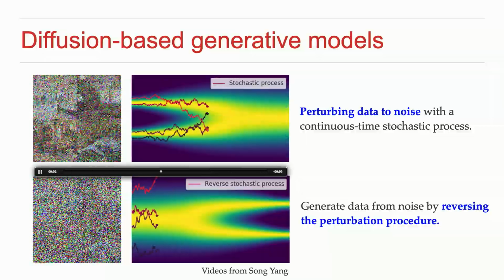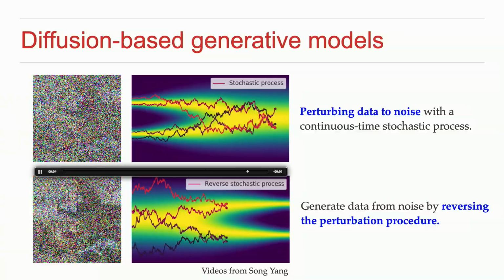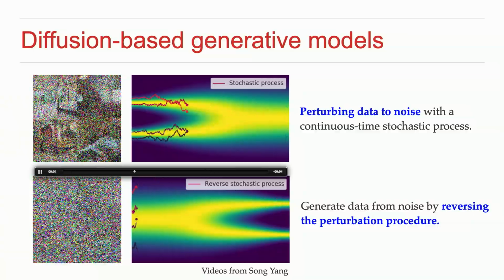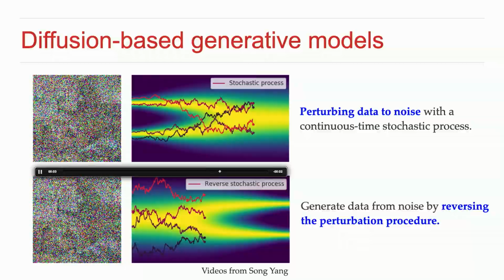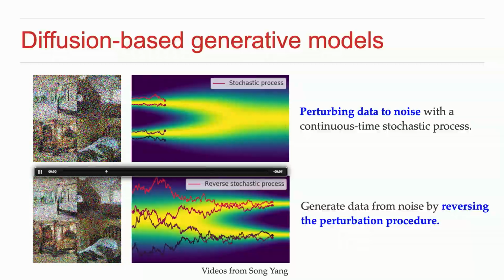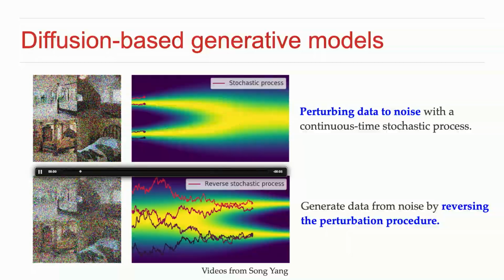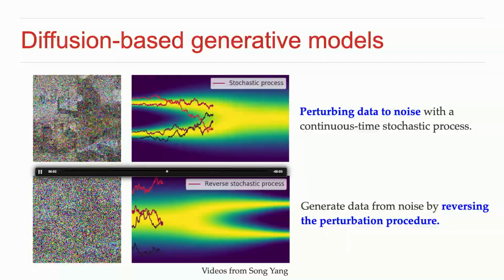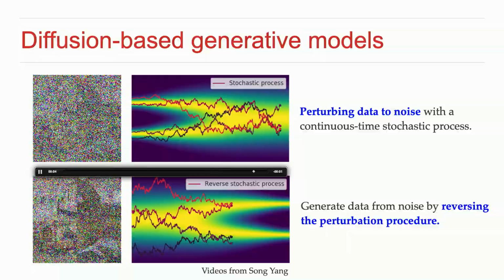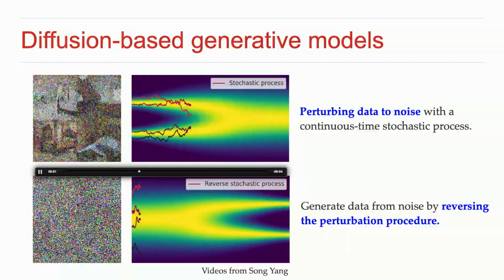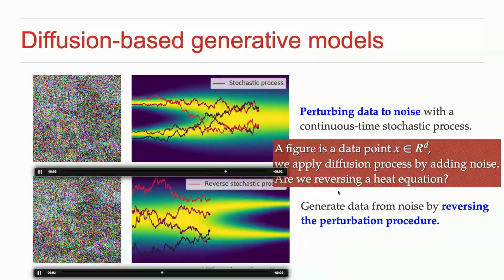What happens is, if you take a very clean image and you keep adding noise to it until it's purely noisy, then the reverse process starts from this purely noisy image and you start denoising until you get the satisfying pictures.